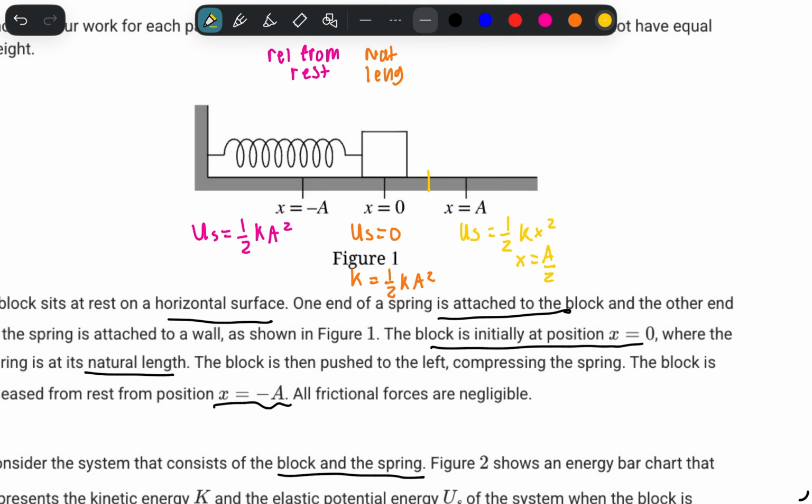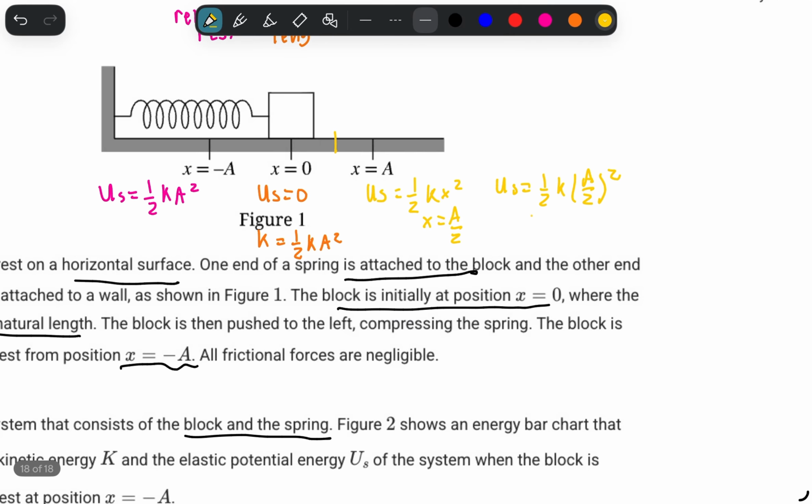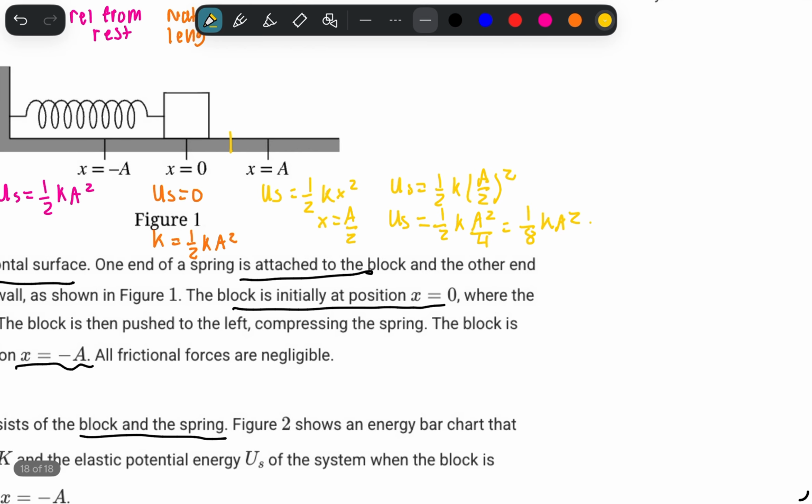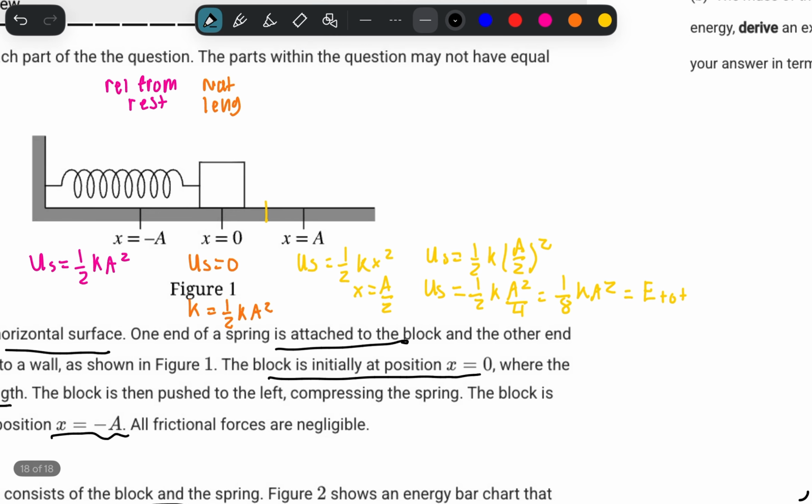Then you get US equal to 1/2 k times a over 2 squared. This gives you 1/2 k times a squared over 4, which is 1/8 ka squared. That's your US, and E total is equal to that because we have conservation of mechanical energy without friction here.